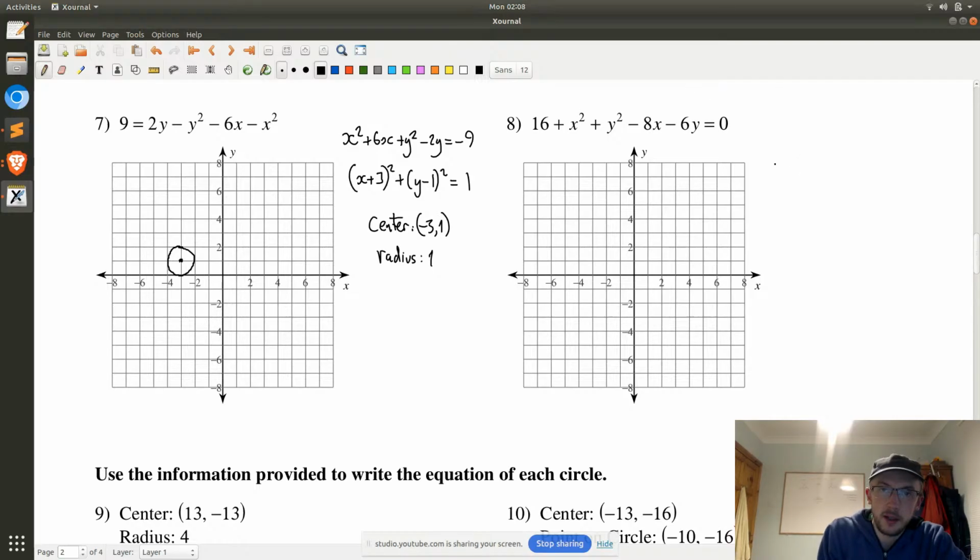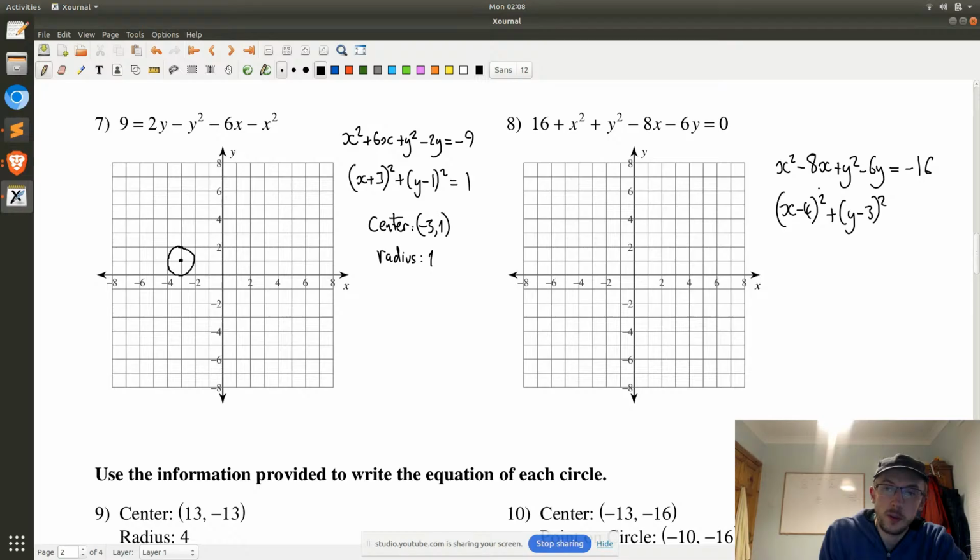Finally, this one here: x squared minus 8x next to each other, y squared minus 6y next to each other, minus 16 on the right hand side. (x minus 4) squared, (y minus 3) squared.